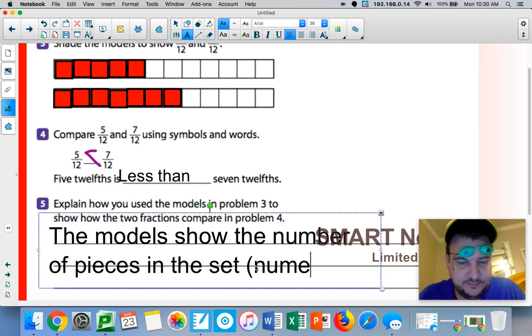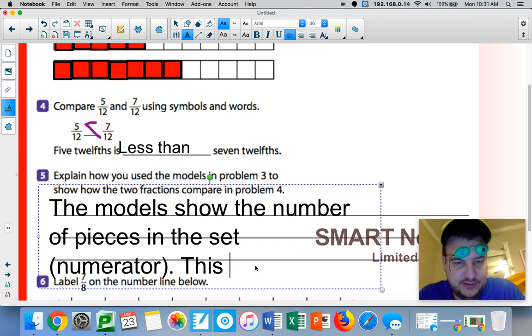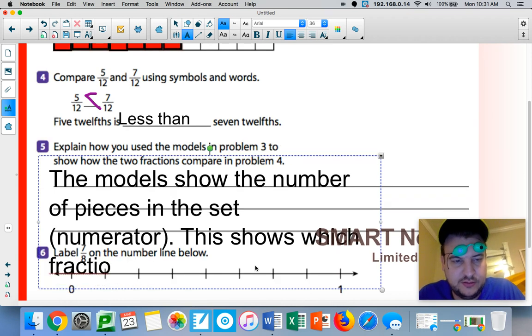Numerator. This shows which fraction has more.